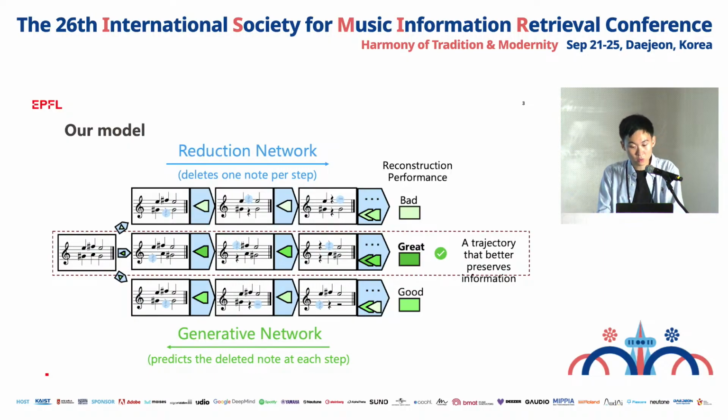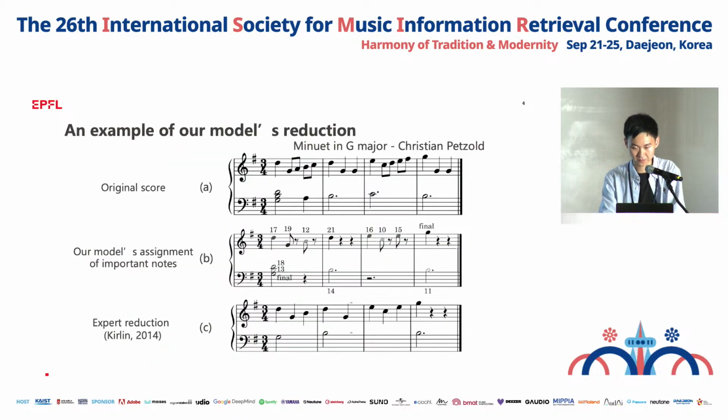The generative network will try to reconstruct from each of the paths, and if it can perform better reconstruction in one of the paths or some of the paths, this better performance will serve as feedback, reinforcing the reduction network to learn to preserve the more informative nodes. Therefore, after training, the sample deletion path of the reduction network is directly a tagging of node importance. And those nodes preserved to the later stages are considered more important.